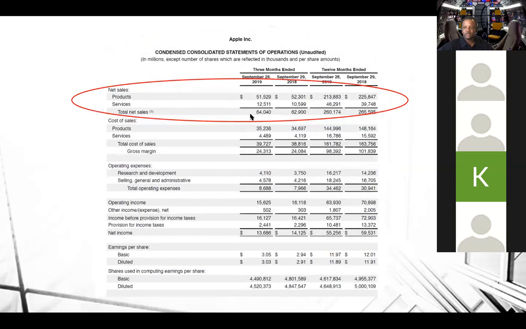Let's talk about their revenue. Revenue is income earned from the company's core business, for doing what they said they were going to do. You can see here that they're reporting revenue in 2 different broad categories: products and services.